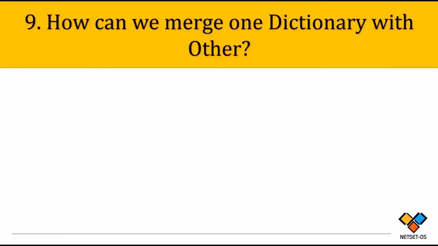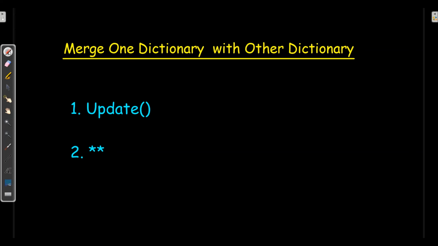Ninth, how can we merge one dictionary with another dictionary? For merging one dictionary with another, we'll be using two ways. First is the update method, and the second is the double star expression. Let's see their usage.